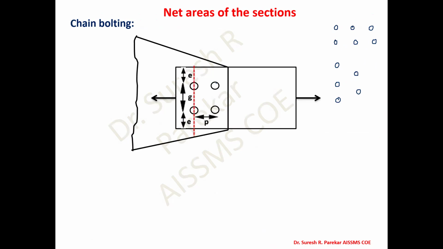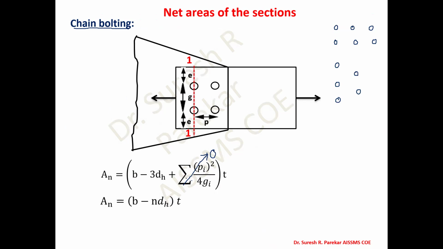So in chain bolting, we have g that is perpendicular to the direction of stress, and p we have in this direction. This is our general formula: An equals b minus n d_h plus summation p_i squared upon 4g_i, whole into t. But in case of chain bolting, this part becomes 0, and then your formula of An becomes b minus n d_h into t. n means number of bolts along the critical section.